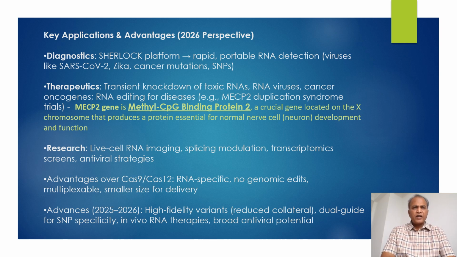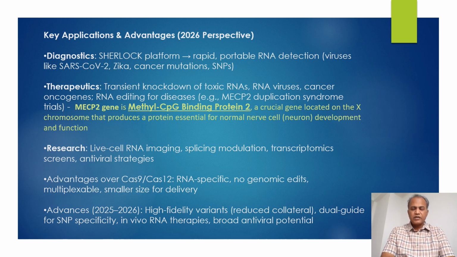Next, RNA editing for diseases. Example, MECP2 duplication syndrome. MECP2 is a gene, methyl CpG binding protein 2.